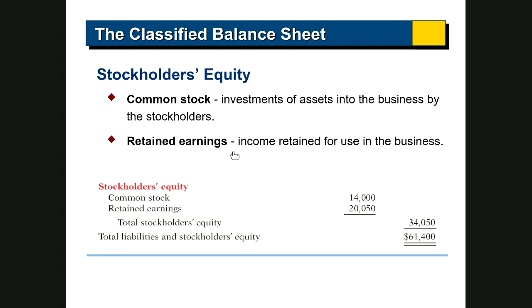So retained earnings are earnings that the company has made from the beginning until now and has not paid out in dividends. So the total earnings minus the dividends that are paid out is reported in this line, and there is a whole statement which you have looked at, and if you did the exercise, you prepared one as well, right? Make sense? Are you with me? Okay, excellent. Very good.